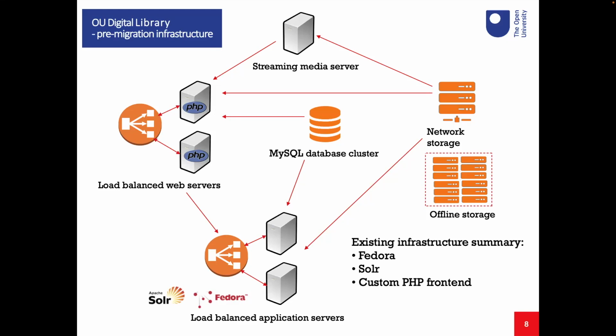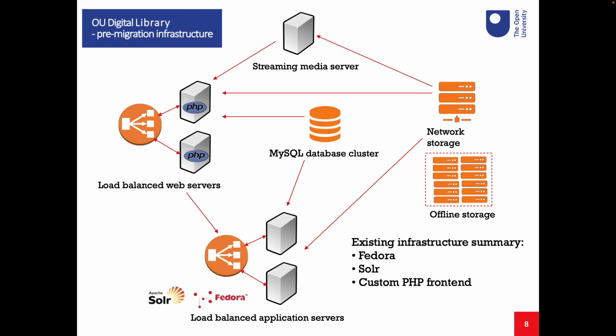The other thing that this doesn't really show is that we've got loads of offline storage. So we've got more than 200 hard drives with about 200 or so terabytes of high resolution audio and video that currently we want to get ingested onto the cloud.